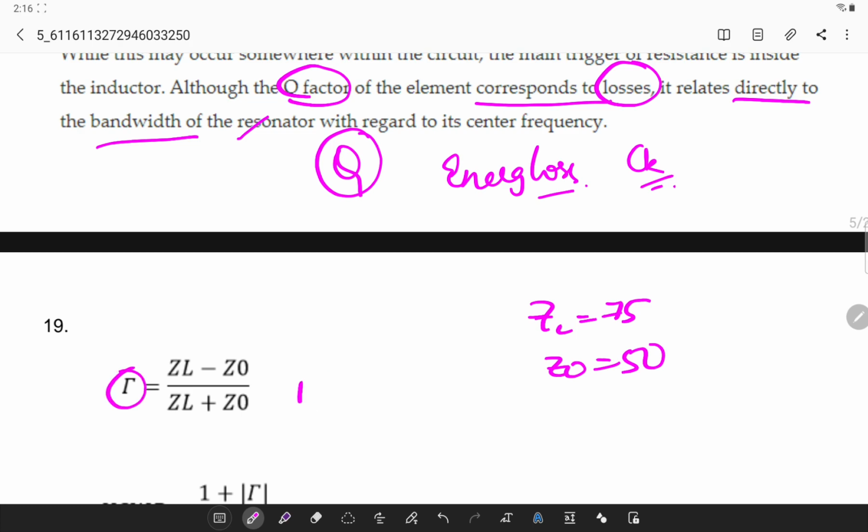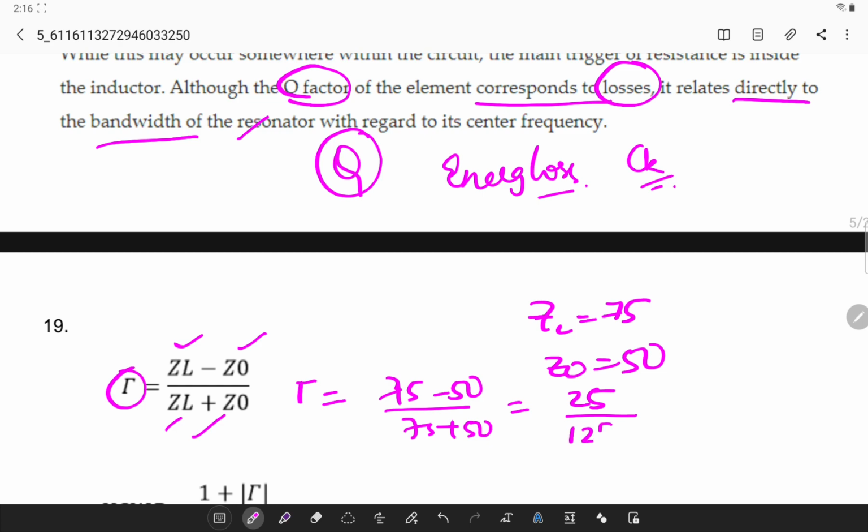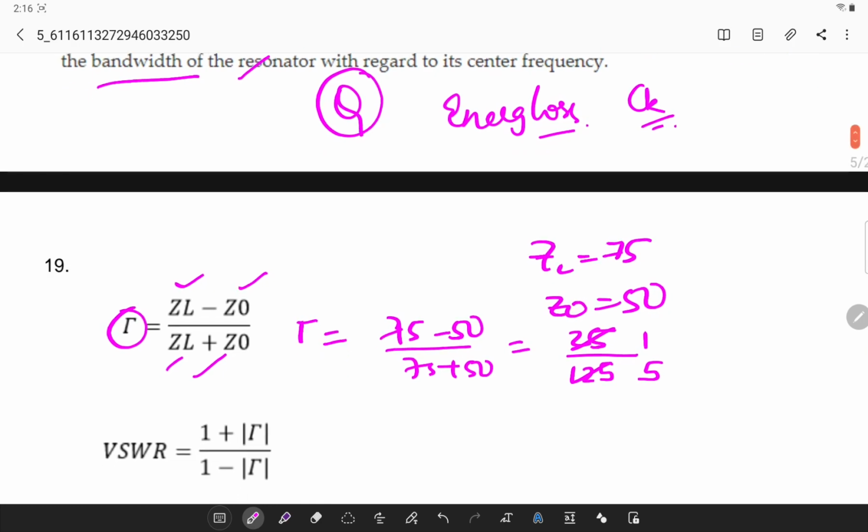The reflection coefficient is ZL minus Z0 by ZL plus Z0, so 75 minus 50 by 75 plus 50, which is 25 divided by 125. So 25 ones, 25 fives.